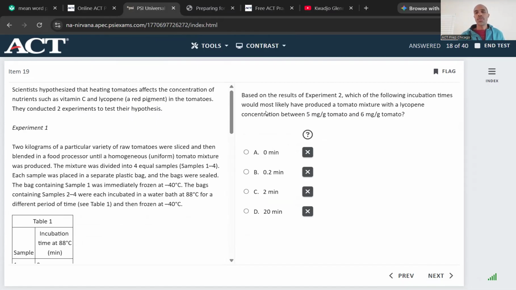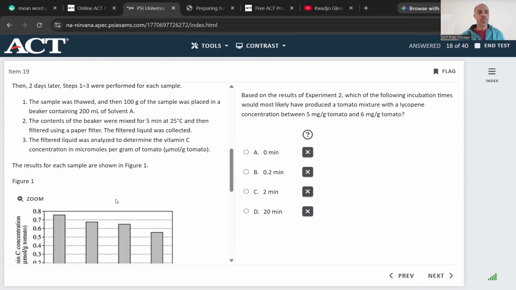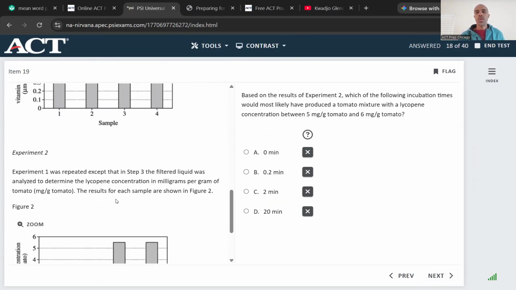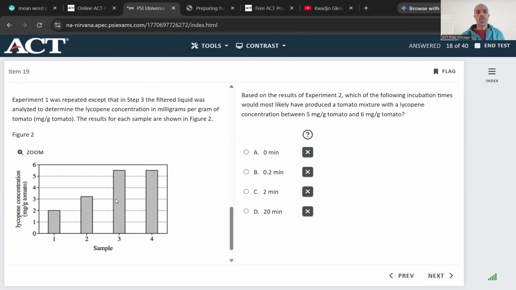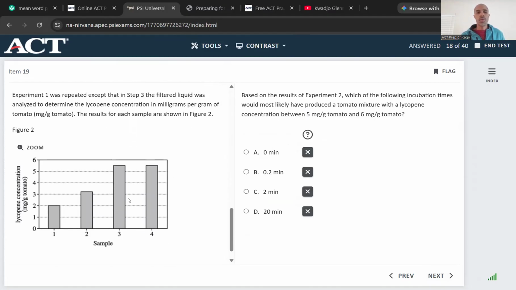Okay. Based on the results of experiment two, which of the following incubation times? I don't see times here. I see lycopene concentration in different samples. Which of the following incubation times will most likely have produced a tomato mixture with a lycopene concentration between 5 and 6?